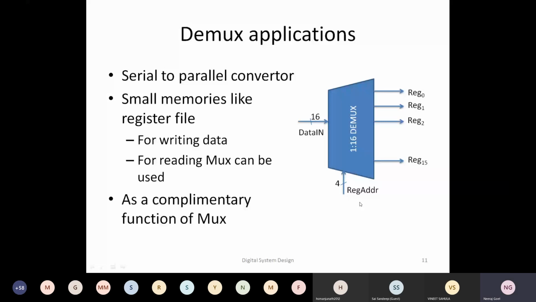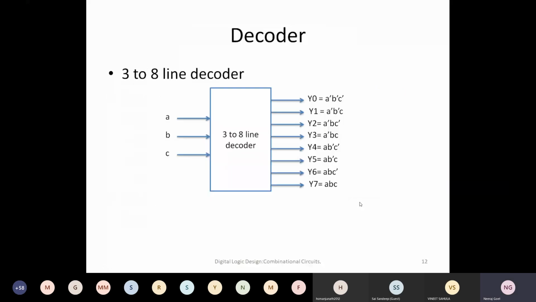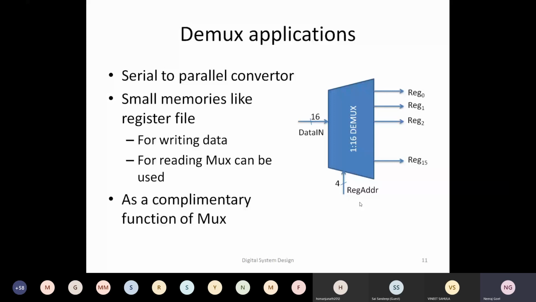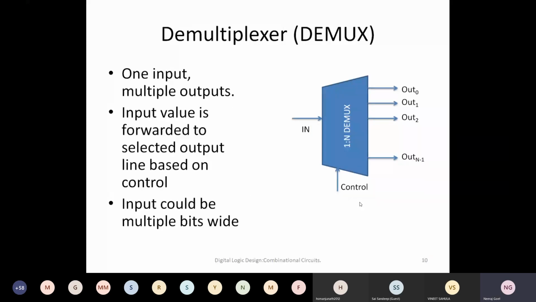So let's look at the next circuit. The next one is also a popular one, the decoder. It's also called a line decoder. So a line decoder is essentially very similar to a demultiplexer, assuming my data in is always 1.